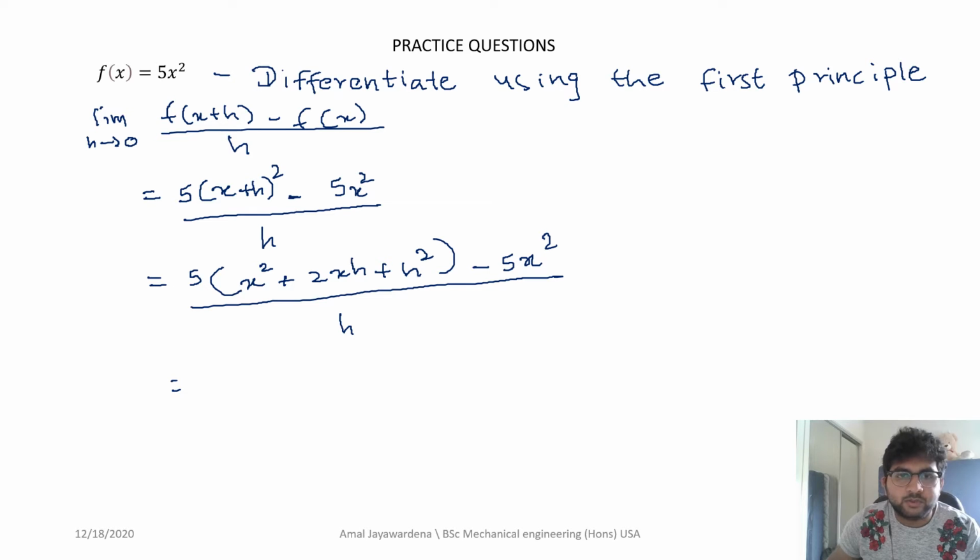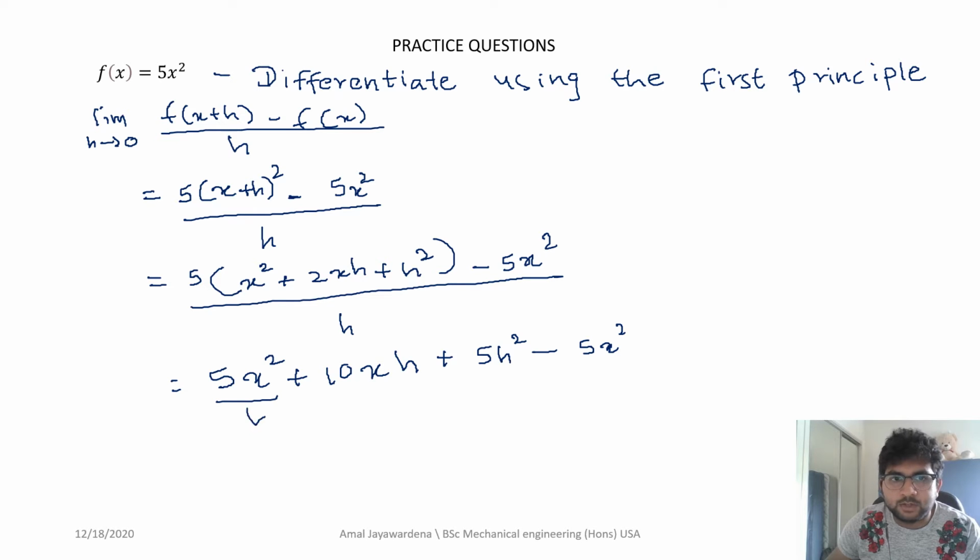Now I've used the distributive property, multiplying everything inside the bracket by 5, so it's going to be 5x squared plus 10xh plus 5h squared minus 5x squared, divided by h. So everything has to be divided by h.